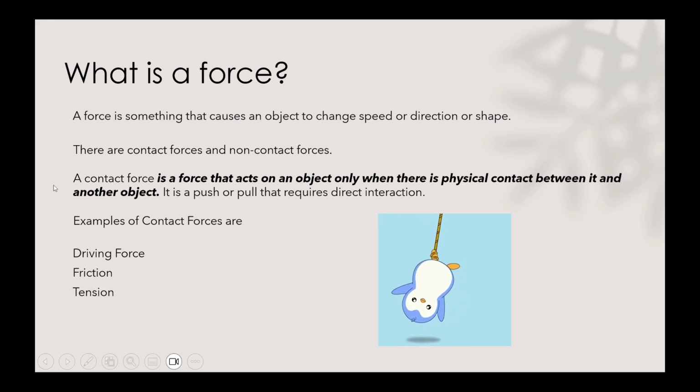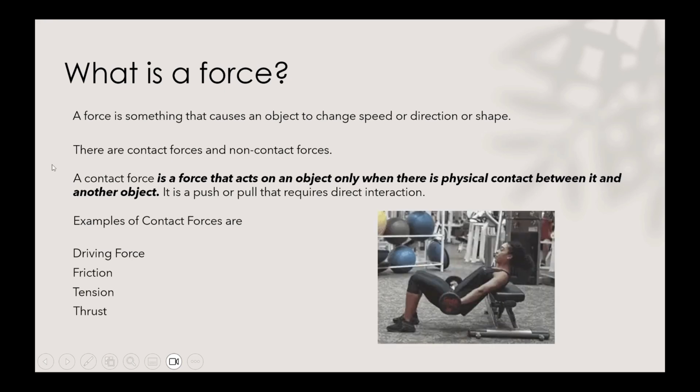Tension is either by a rope, string or a tow bar, and it's the force that's moving away from a connection, so again often by a rope, string or a bar. We've also got thrust. Thrust is a force that moves an object forward, generated by a propulsion system that expels mass in the opposite direction, so it relates to Newton's third law.